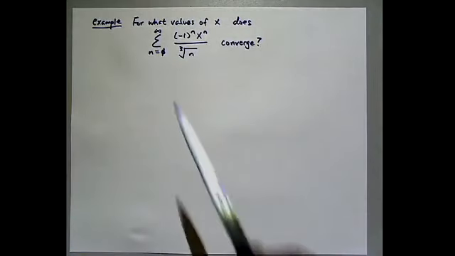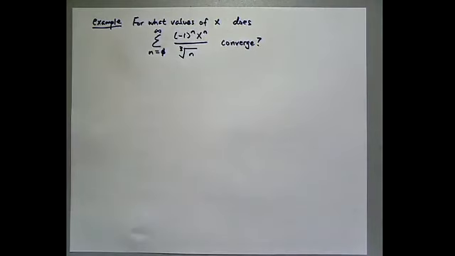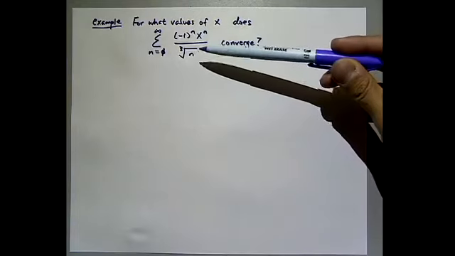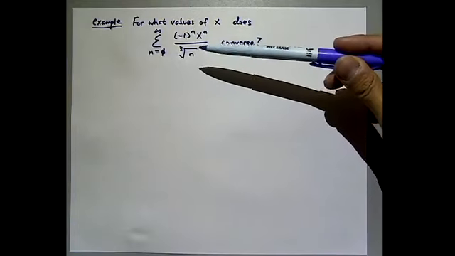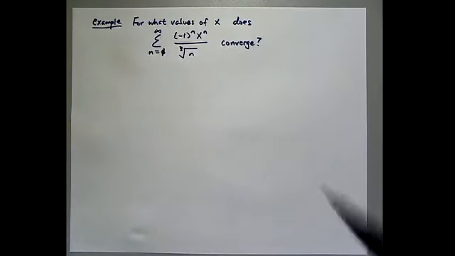As a reminder, remember the starting n doesn't change the convergence. I had to make this a 1, otherwise I would start with a 0 in the denominator, and that's, of course, trouble. So I'm going to start with a 1 here. But that 1 has nothing to do with the convergence. It'll change the sum if we're looking for the sum, but it doesn't change whether the series converges or not.